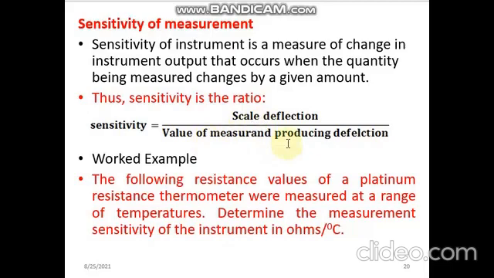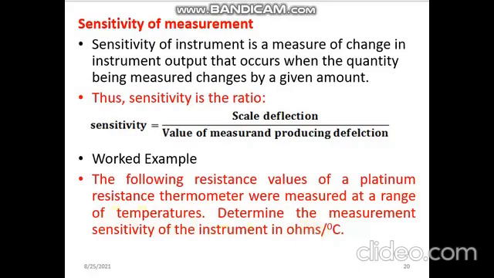Now, for us to understand this sensitivity, let us look at our example. The following resistance values of a platinum resistance thermometer were measured at a range of temperatures. Determine the measurement sensitivity of the instrument in ohms per degree.